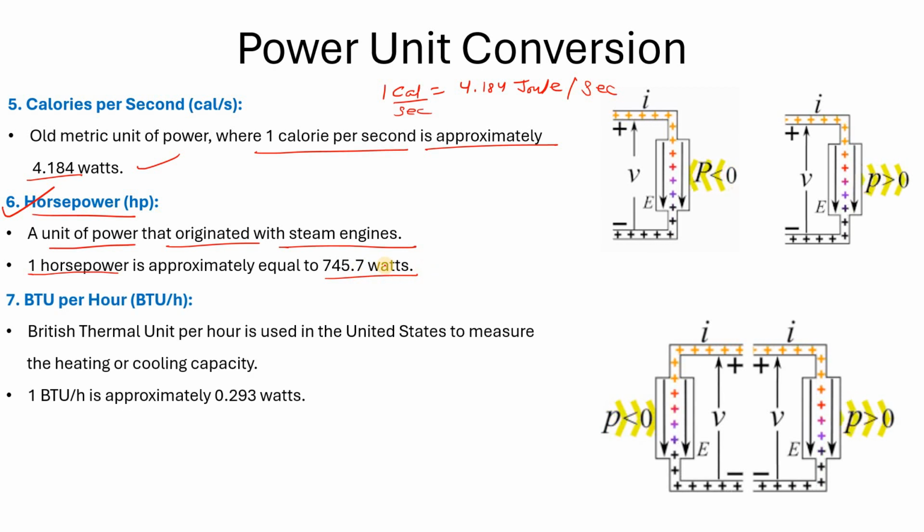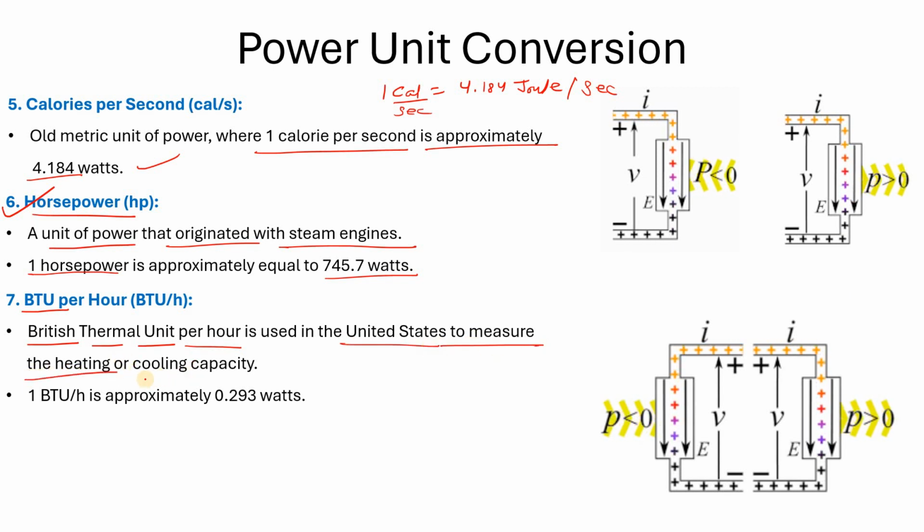Then the next unit is BTU per hour. BTU stands for British Thermal Unit per hour, used in the United States to measure heating and cooling capacity, and 1 BTU per hour is approximately 0.293 watts.